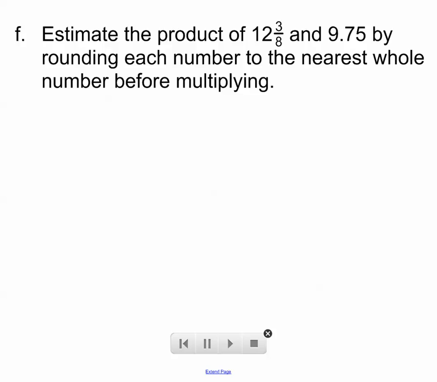Let's do it again. Let's estimate the product of 12 and 3/8 and 9.75 by rounding each number to the nearest whole number before multiplying. 12 and 3/8 to the nearest whole number is 12, and 9.75 to the nearest whole number is 10. So 12 and 3/8 times 9.75 is about 12 times 10, which is about 120.